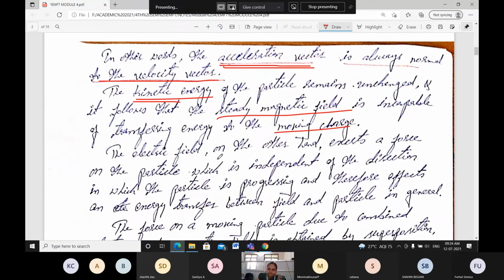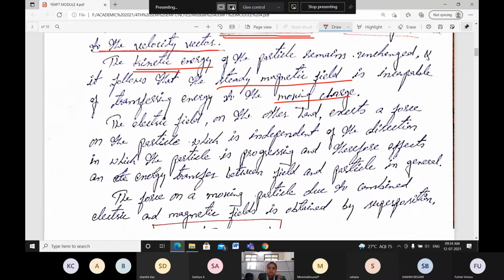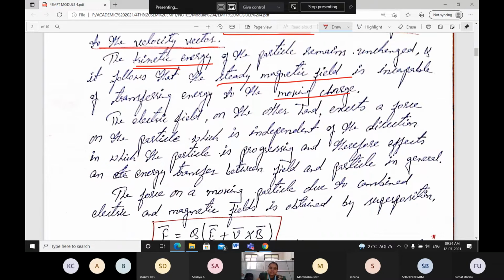Then the electric field, on the other hand, exerts a force on a particle which is independent of the direction. Observe here, independent of the direction in which the particle is progressing, meaning traveling, and therefore it affects an energy transfer.